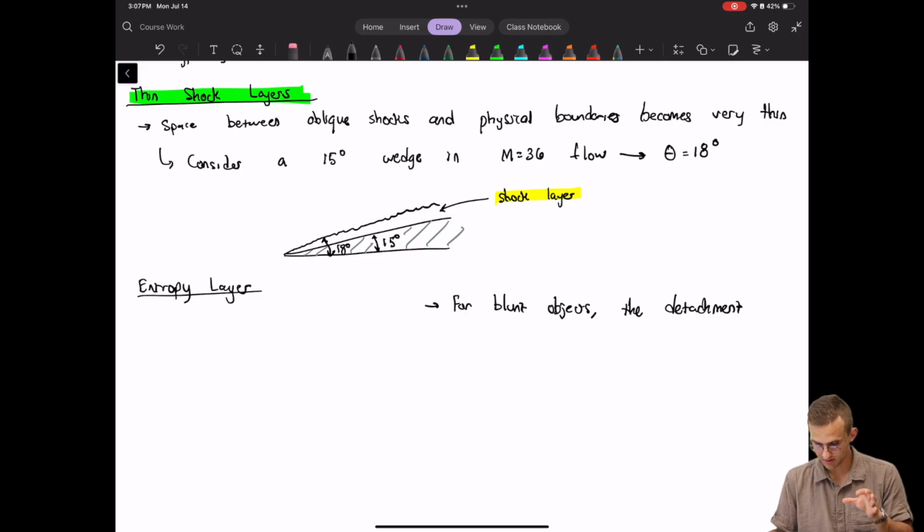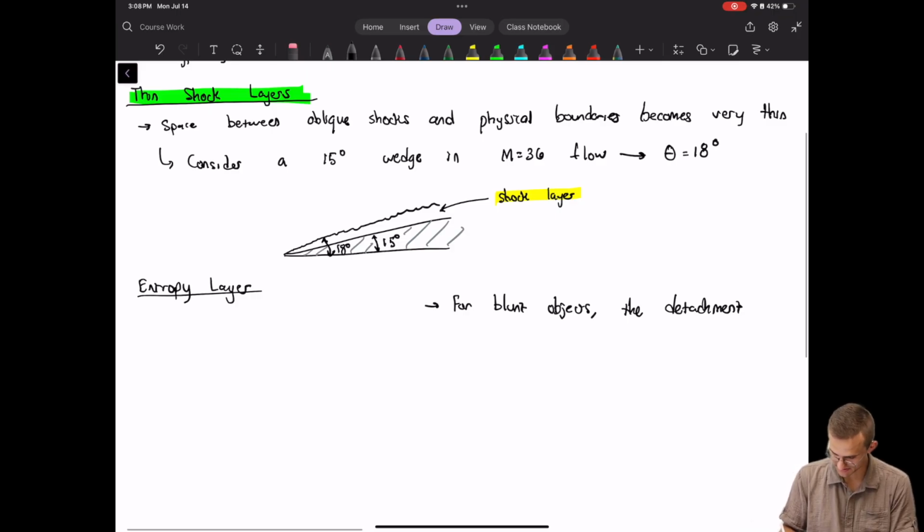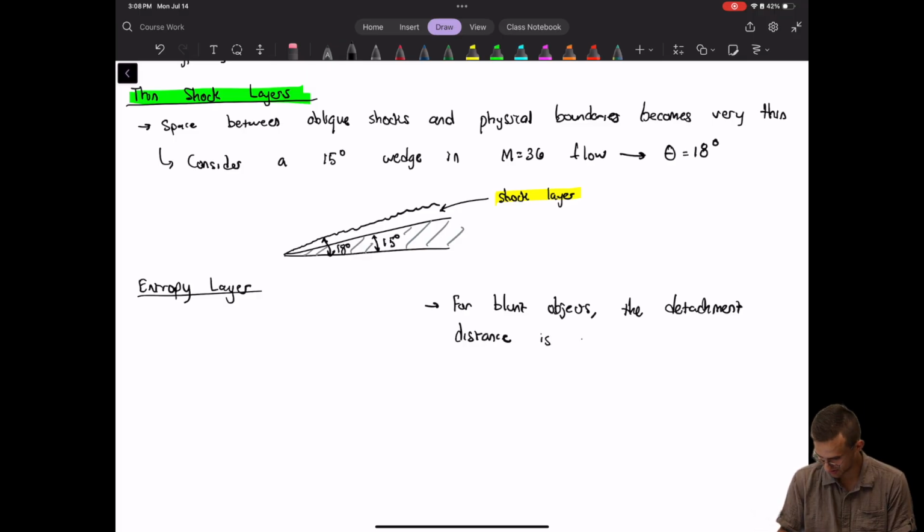That region becomes very, very small for large Mach number. So the detachment distance, the size of that region I'm describing, is also very small for a large Mach number.